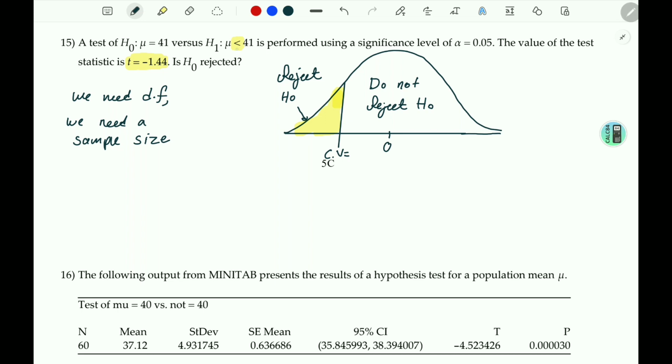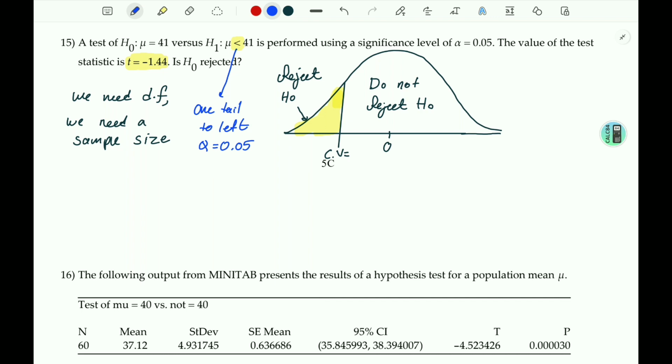Now, because we know that it is left-tailed, it is one tail to the left. And we know the alpha is 0.05. So let's go onto our t distribution and make an analysis about the alpha level of 0.05, and it is a one-tailed test.